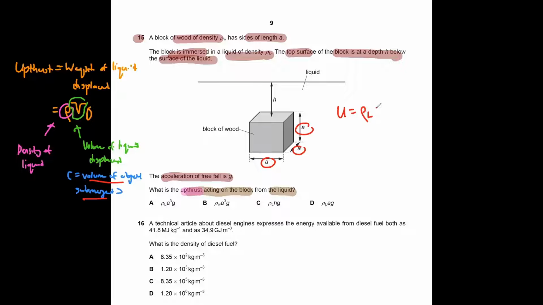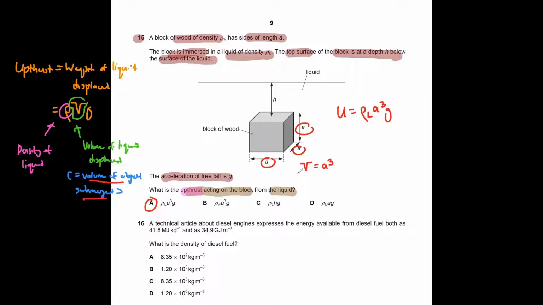This one is actually going to be A cubed. Then multiply with your gravitational acceleration, you will get your answer as rho L A cubed times g. So this one I just mentioned volume is actually A cubed. Okay, so that's all right.